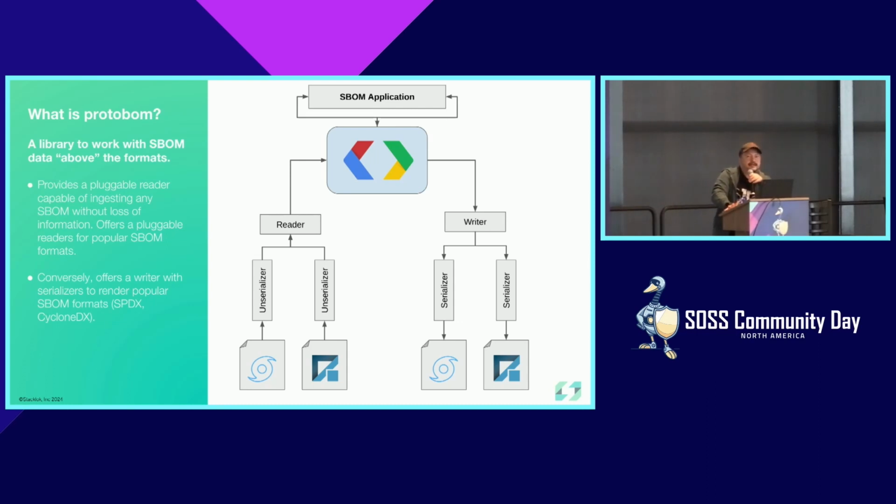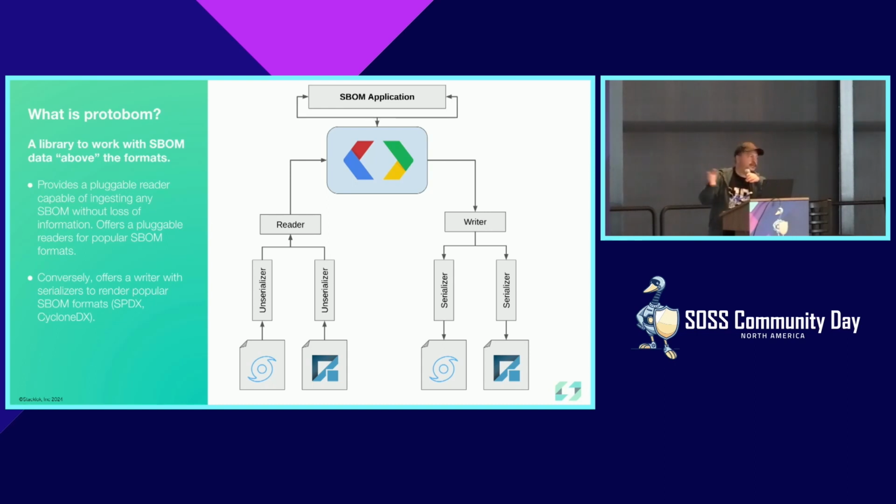The second thing is that protobom is a library. We've been building a library currently in Go that basically can read any SBOM format. So we have specialized serializers and unserializers that, when you read and ingest the SBOMs, make those decisions on where things go in the resulting graph, and read them into the protobom representation. Any application can use the resulting graph.